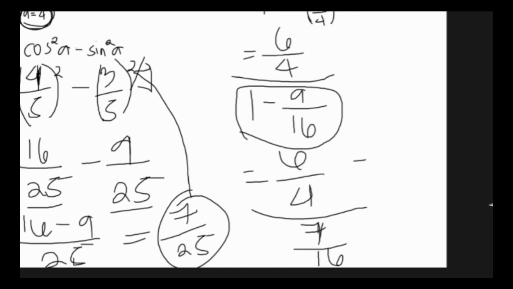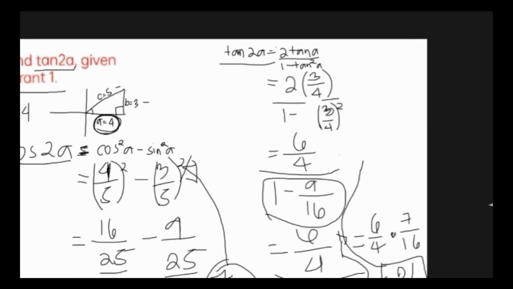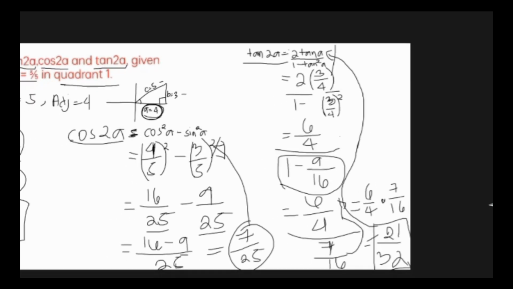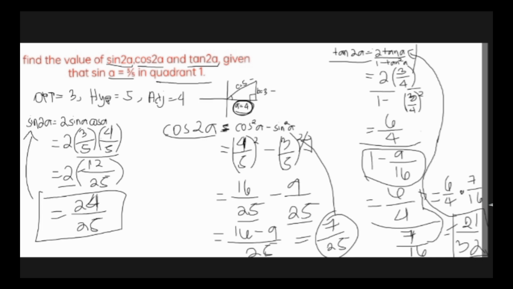Then 6 over 4 times 16 over 7 is equal to 21 over 32. This is now our final answer for the tangent here. So you can use this as a reference for your studies.